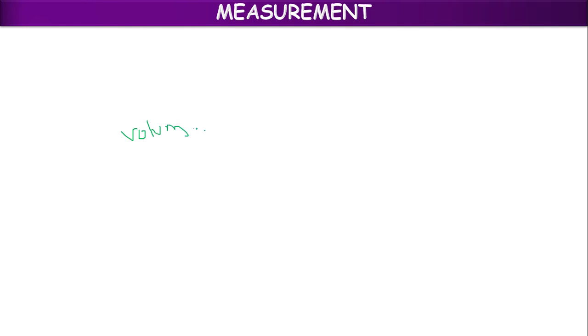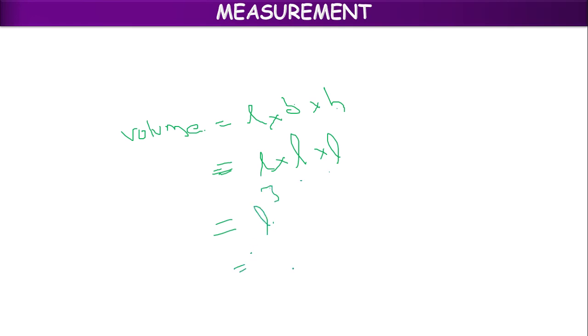What about volume? The volume formula is length into breadth into height. Breadth is also one kind of length, height is also one kind of length. Length into length into length, length cube. While writing the dimensional formula, length is measured by capital L, appearing 3 times.